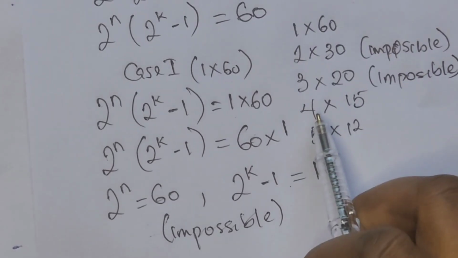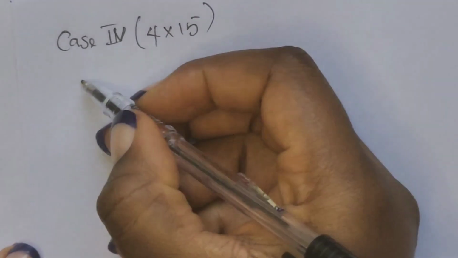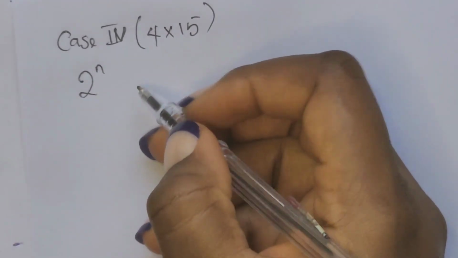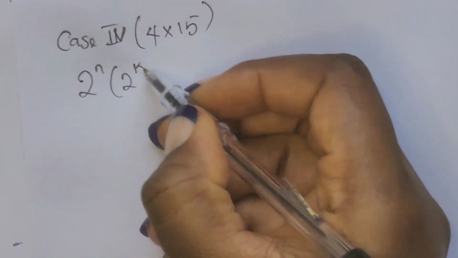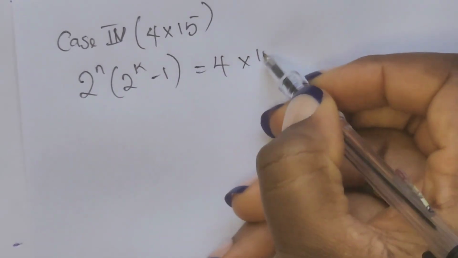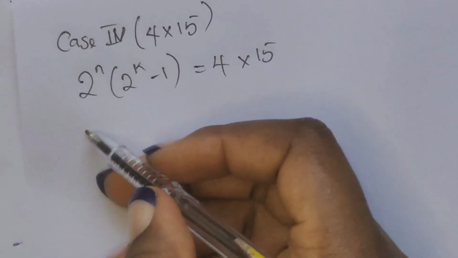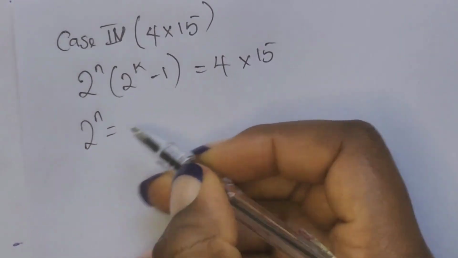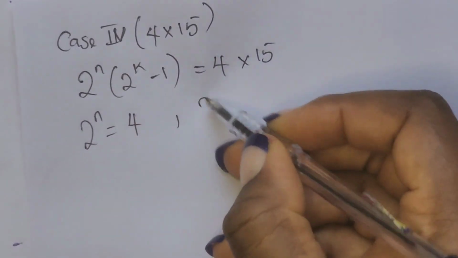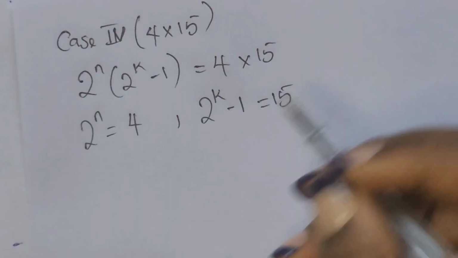So we'll go for case 4, 4 times 15. So we have 2 to the power of n times 2 to the power of k minus 1 all equal to 4 times 15. So equating both sides, we have 2 to the power of n to be equal to 4, and we have 2 to the power of k minus 1 to be equal to 15.